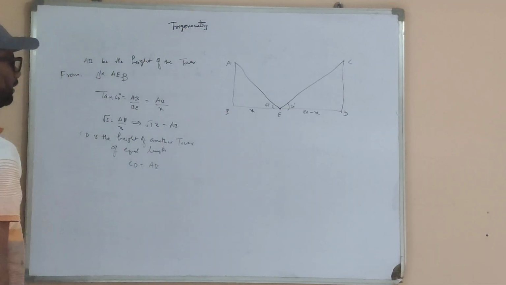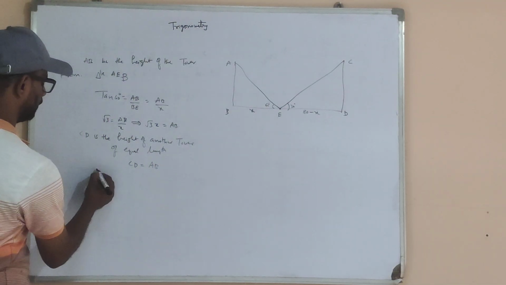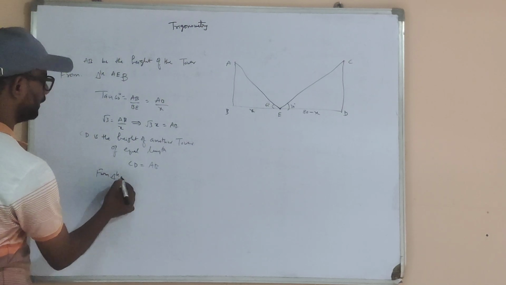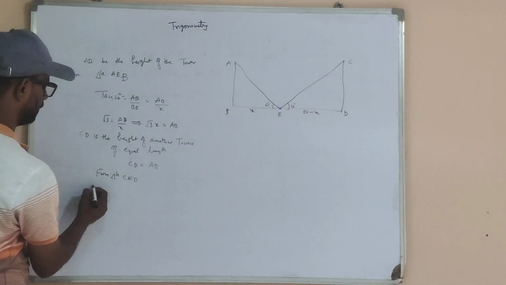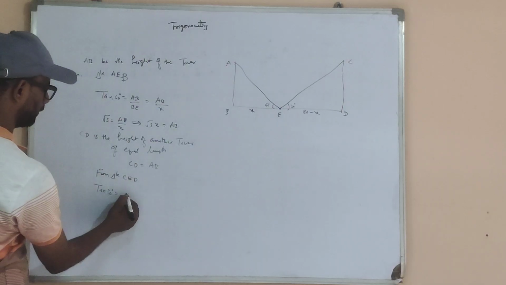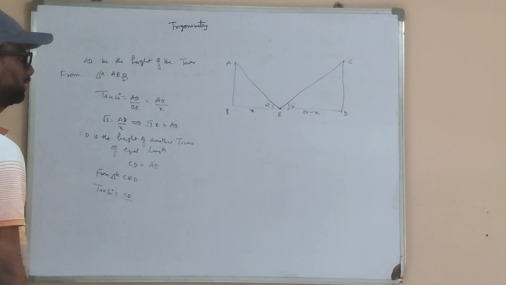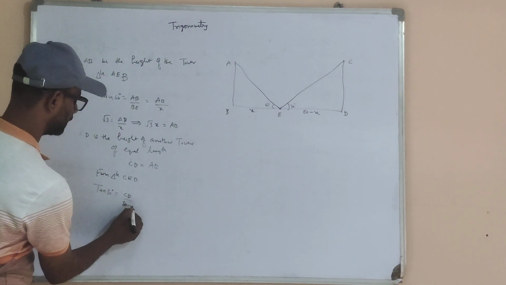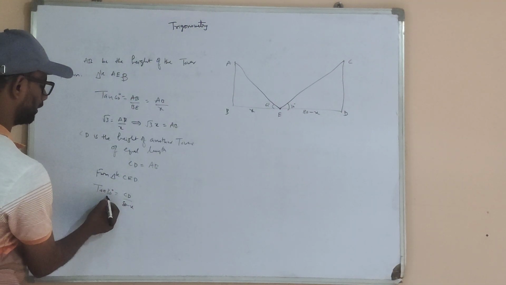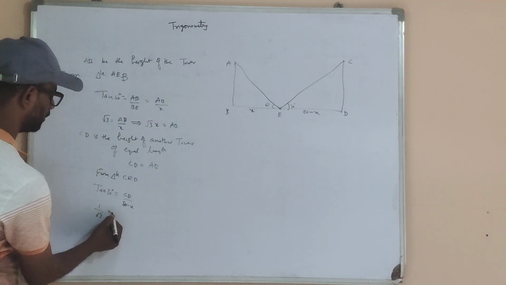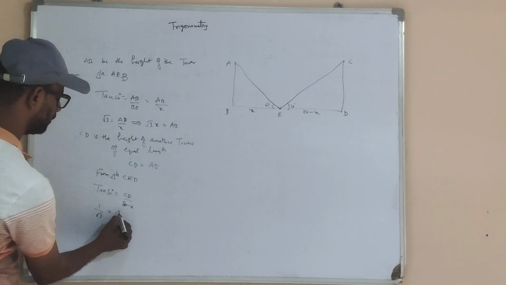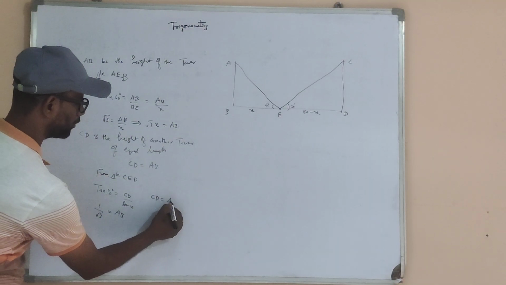Now from triangle CED, tan 30 degrees is equal to opposite side CD by adjacent ED. ED means 80 minus x. Here tan 30 means 1 by root 3, is equal to CD, which means AB, by 80 minus x.